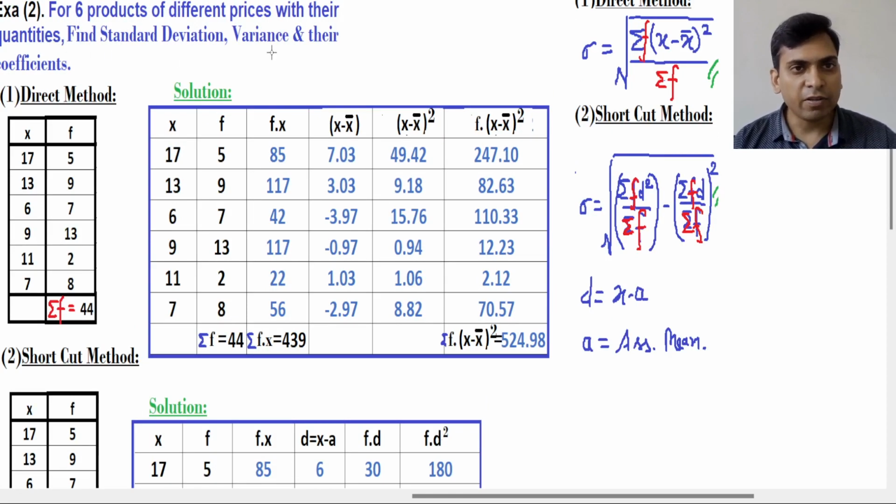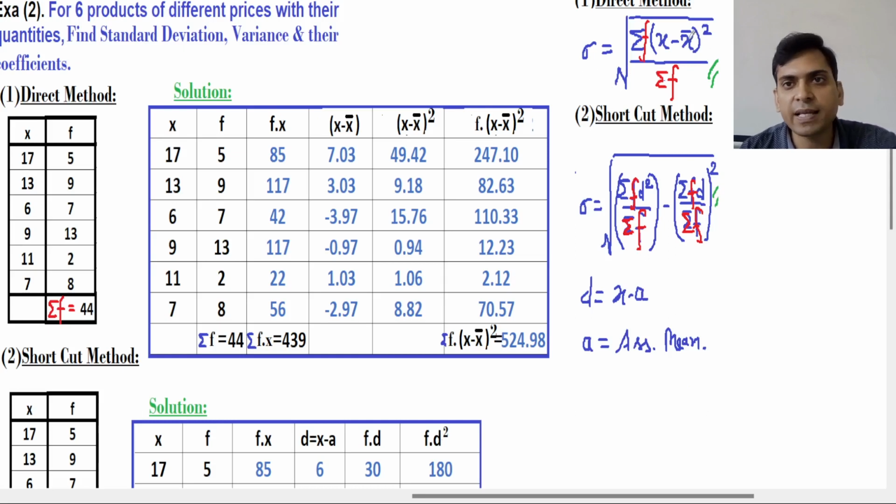Find standard deviation, variance, and their coefficient. So this is X, this is price, and this F is quantity. First you need to apply the direct method. In the direct method, we have this formula: the square root of summation F times (x minus x bar) square divided by summation F.